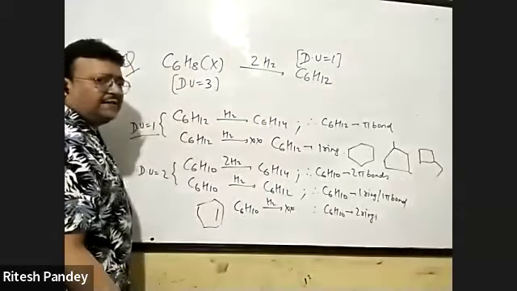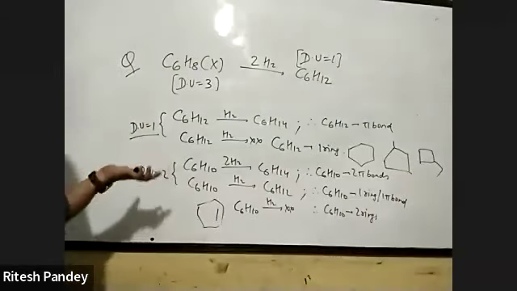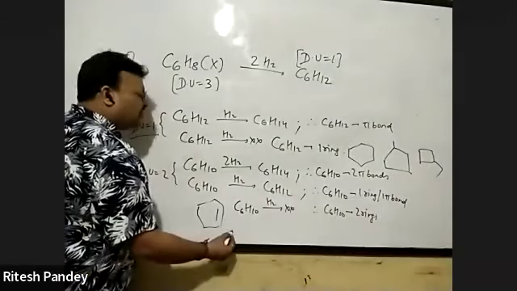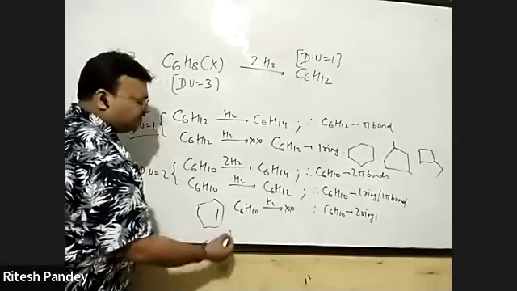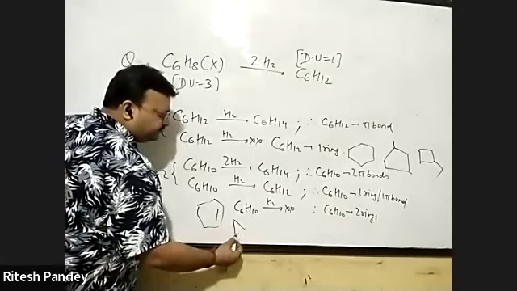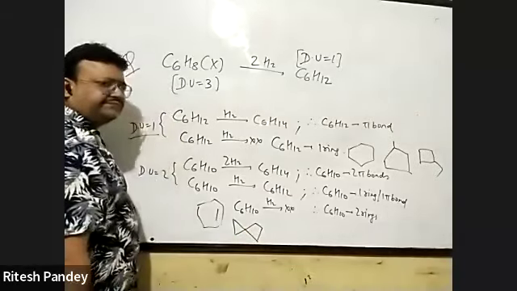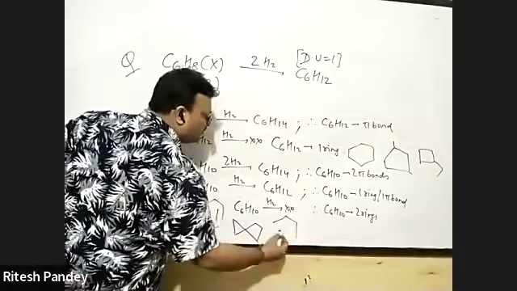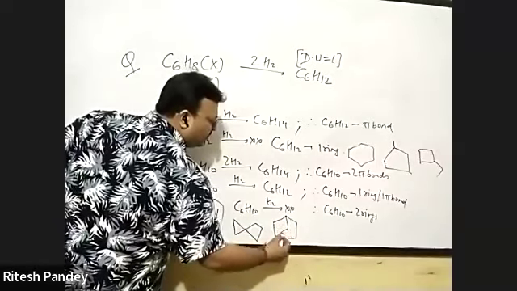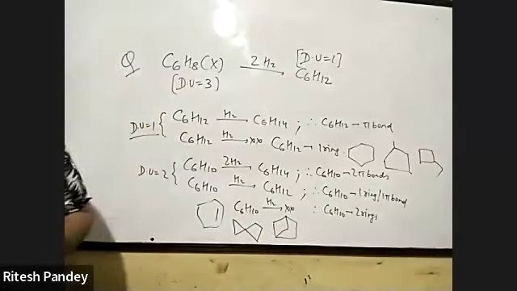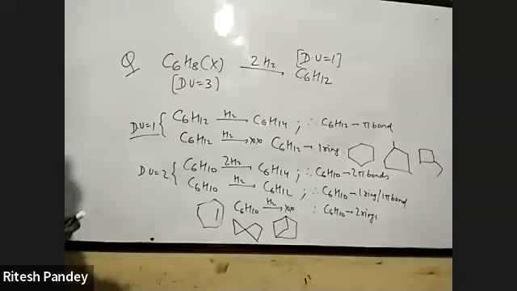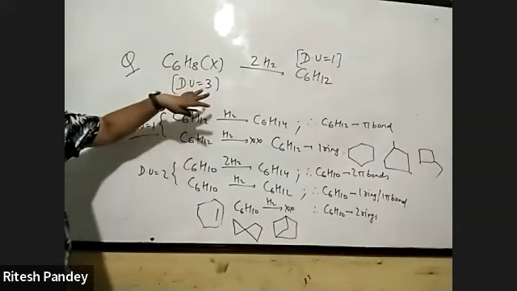It could very well be a cyclic compound. Yes or no? ऐसा हो सकता है. बाइसाइकिल हो सकता है. स्पाइरो हो सकता है. Yes or no? Now you go back to this problem.